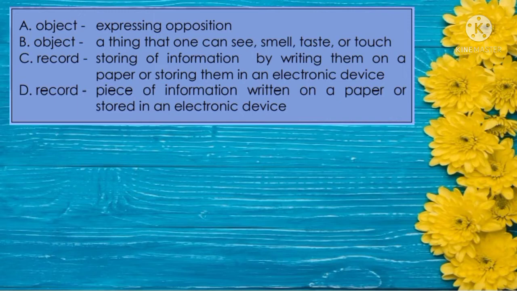For letter C, record. It means storing of information by writing them on a paper or storing them in an electronic device. Letter D, record, means piece of information written on a paper or stored in an electronic device.